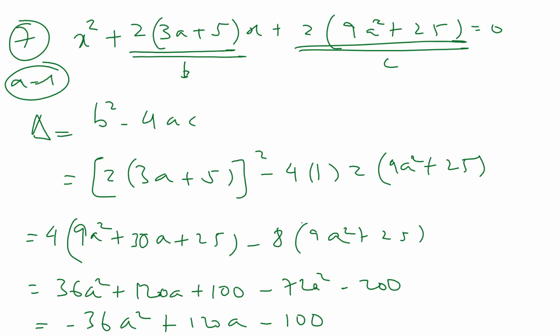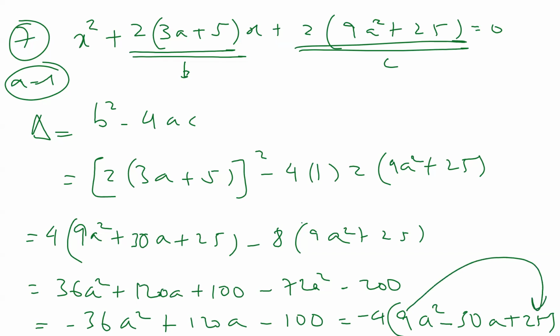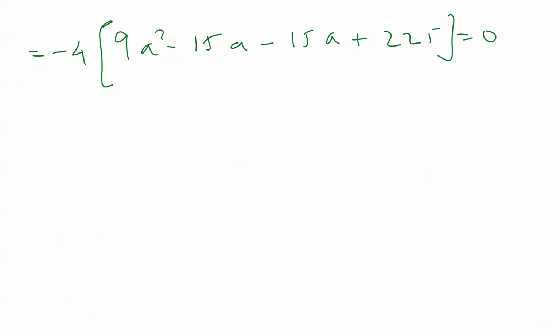4 is common. Let's take minus 4 common. So this will be 9a square minus 30a plus 25. Now 9 into 25 is 225. 15 into 15, because 15 and 15 will give you 30. So minus 4 (9a square minus 15a minus 15a plus 225) equal to 0.